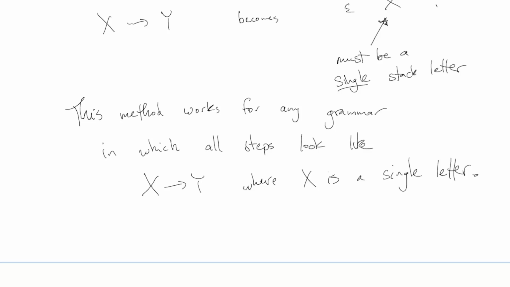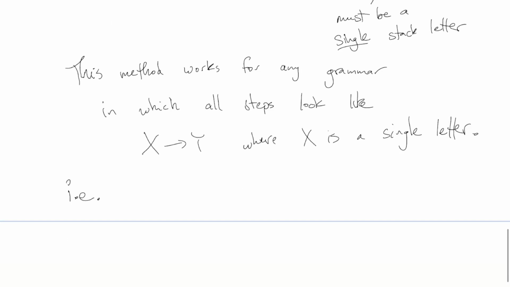This is one of the reasons why I was talking about focusing on context-free grammar so much. So this method works for, i.e., it must be a context-free grammar, which is basically every example that we've ever done. That's not quite true.